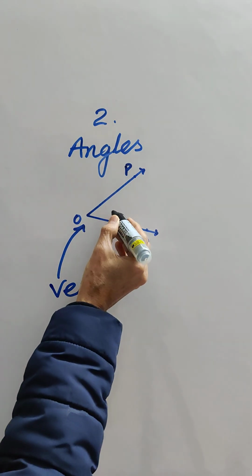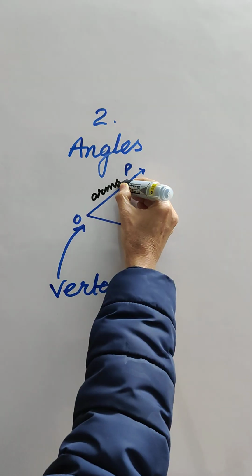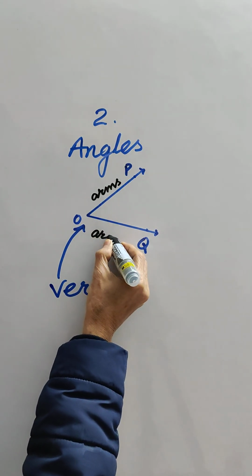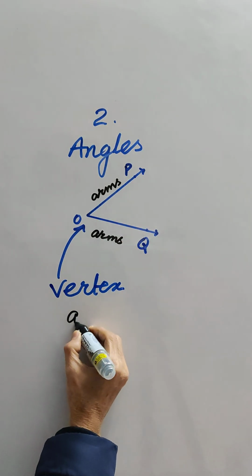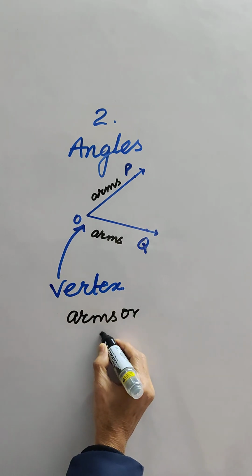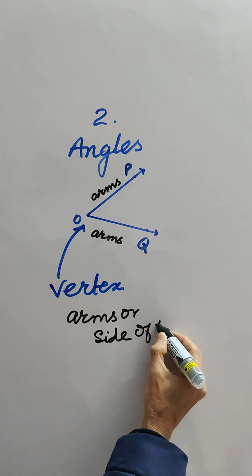Arms or sides of the angle. These are arms. OQ is also an arm or side of the angle.